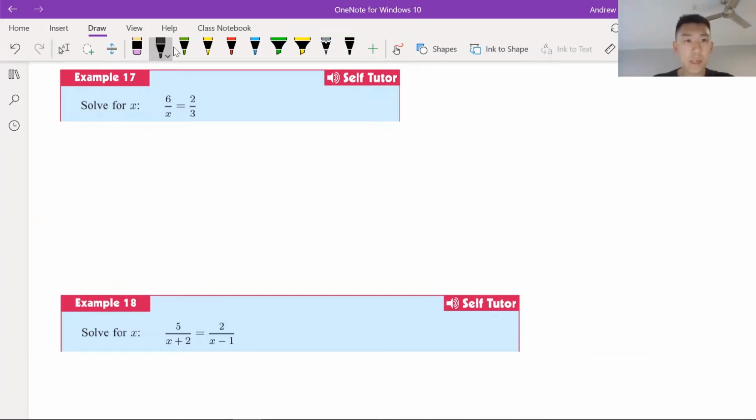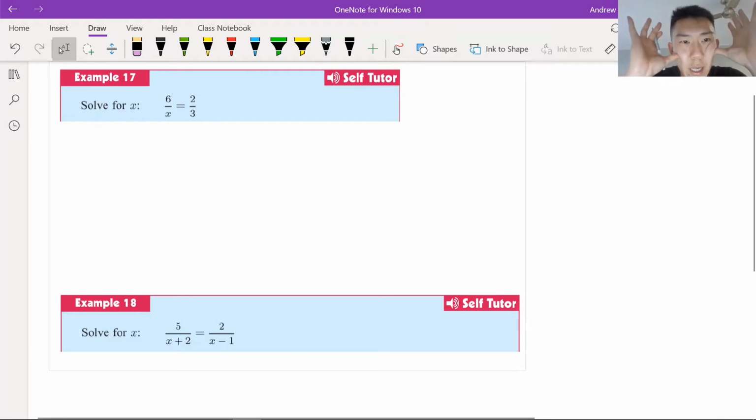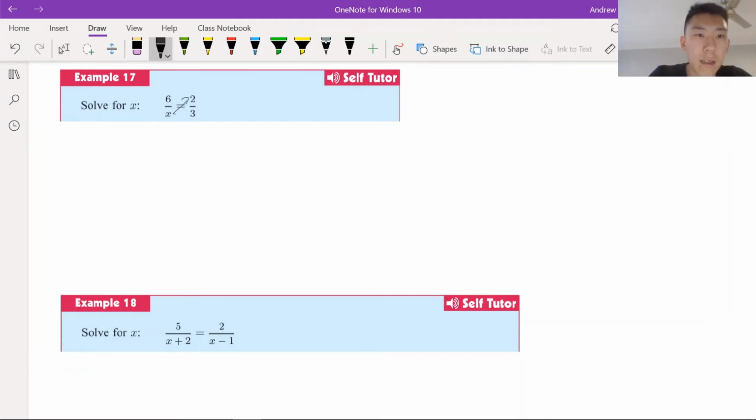All right, example 17. The first thing we can do here, rather than multiplying diagonally like we did in term 1, is to rewrite each fraction with a common denominator.